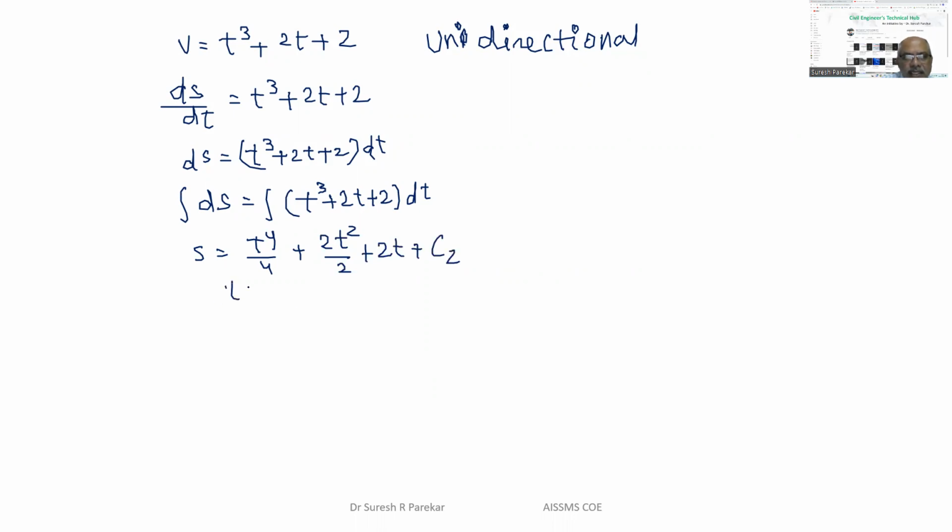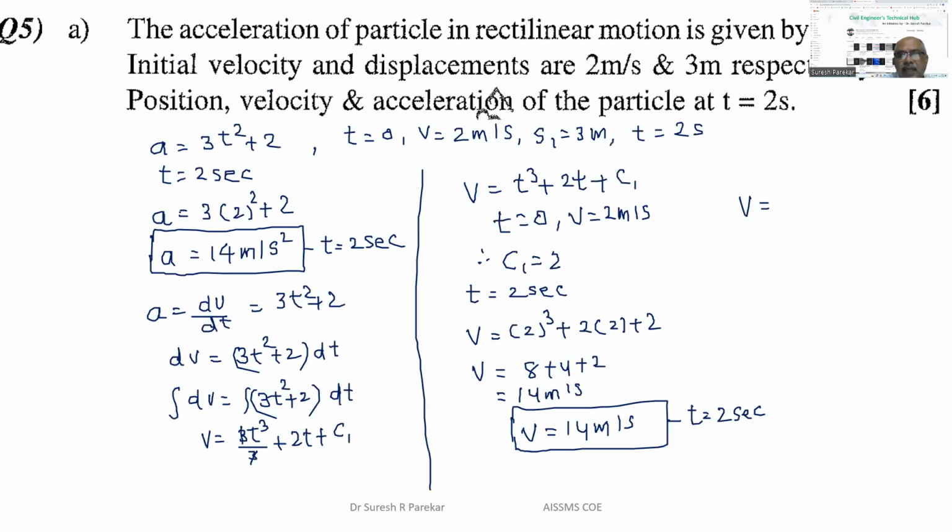Now at t is equal to 0, we have value of s. What is given s? s1 is given 3 meter. You can see at initial position, they have mentioned over here 3 meters initial.